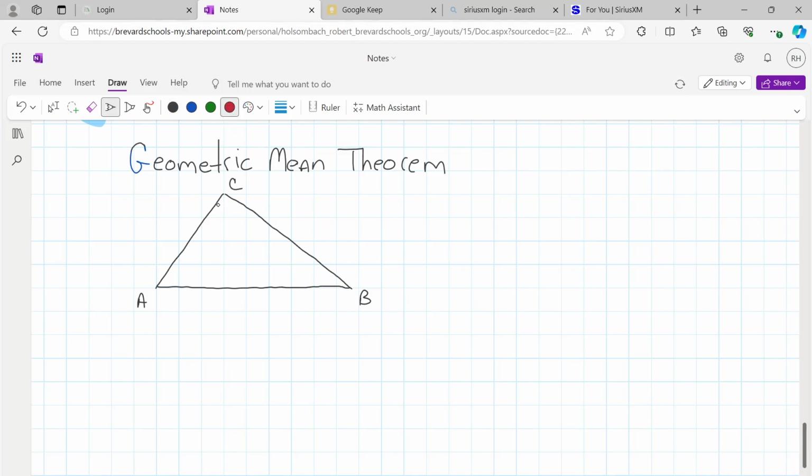Our right angle is at angle C. And then out of that right angle, we've got an altitude drawn to the hypotenuse. Same as yesterday. And your second and third right angles are right here. We're going to call that point D.